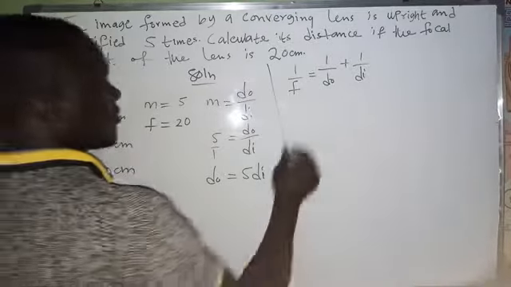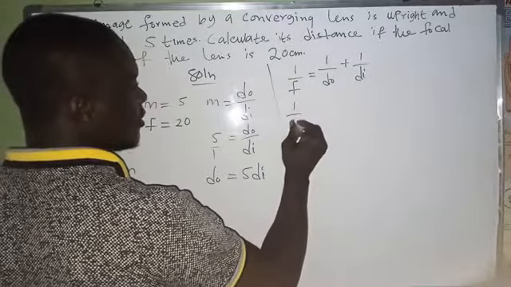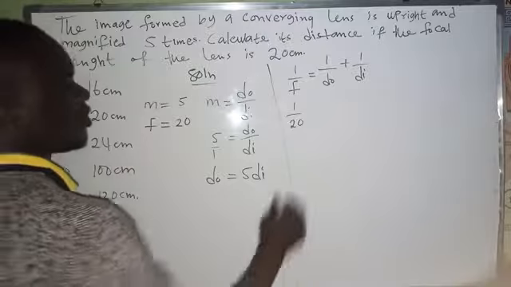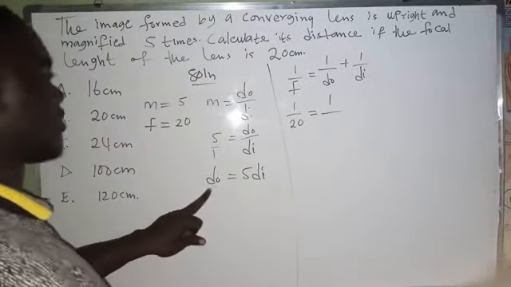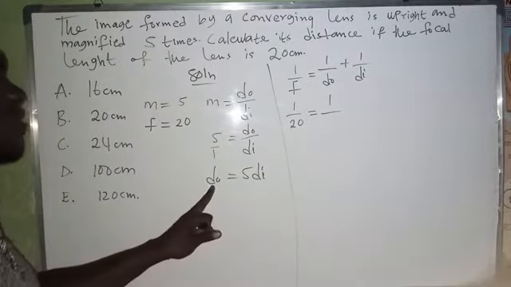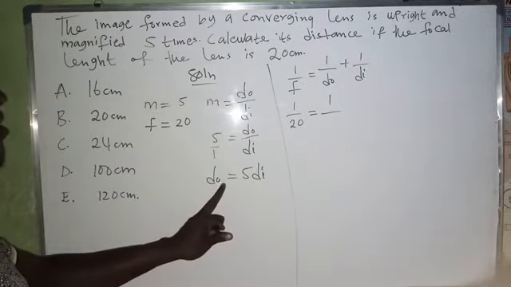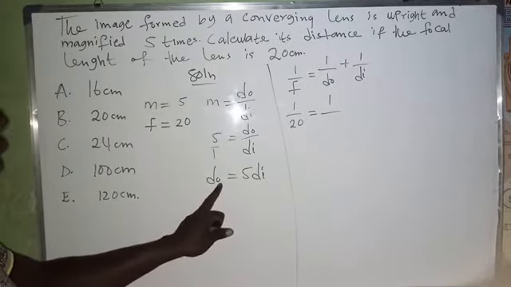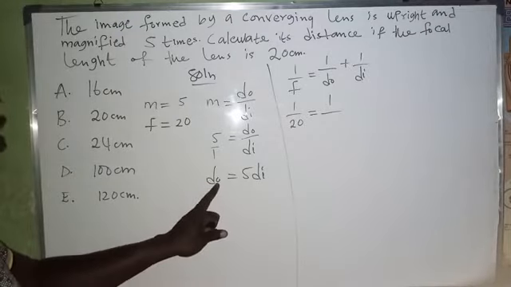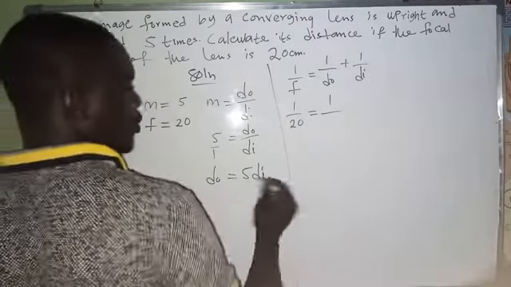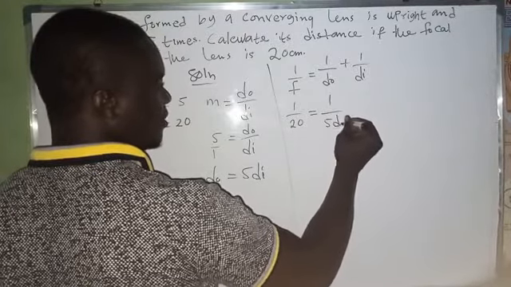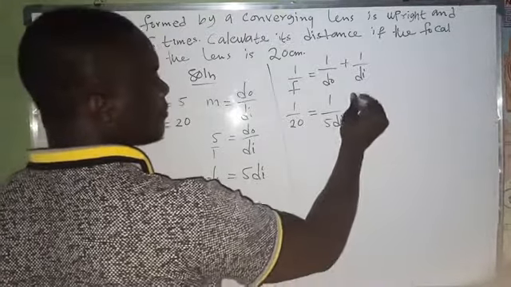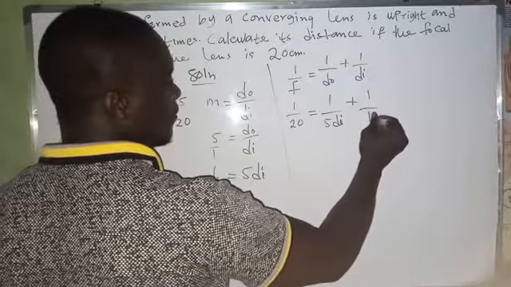The focal length is 20. 1 all over 20 is going to be equal to 1 all over object distance, which is 5 di, plus 1 all over di.